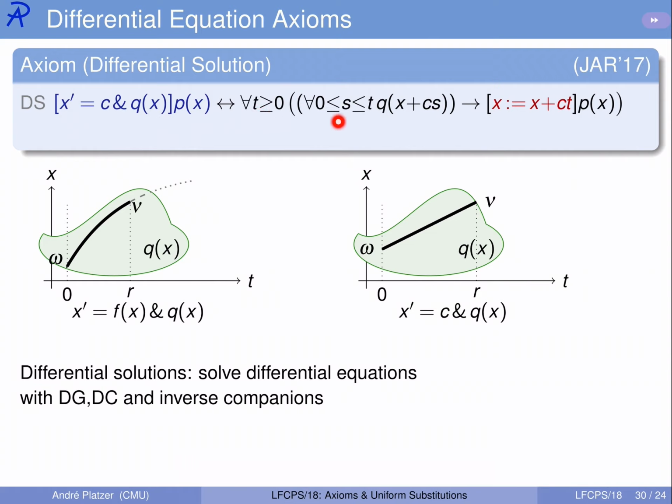Then if for all intermediate times s between 0 and t, the evolution domain constraint q is true for the value that we have at time s, which is x plus constant multiplied with s, and if that's true for all of those intermediate times, then at the end time t, p of x is true after we assign the value of the solution, x plus constant multiplied with time, to the variable x.